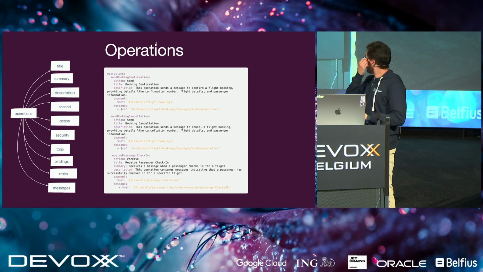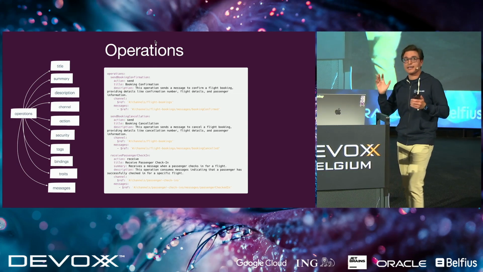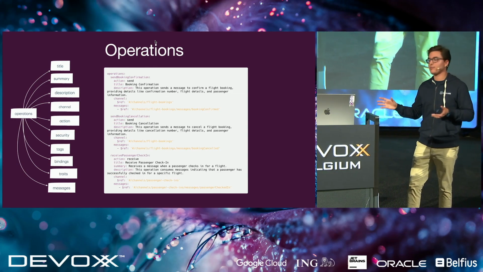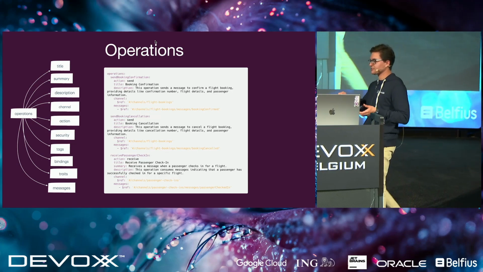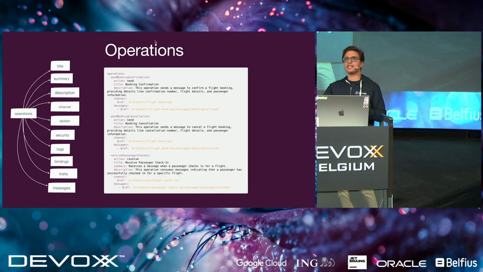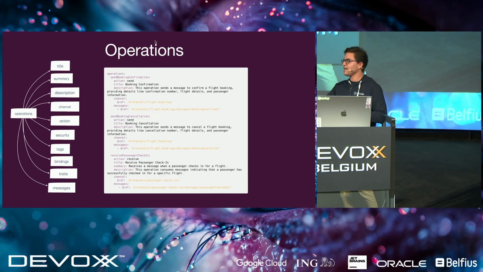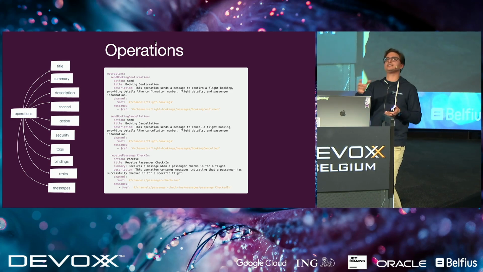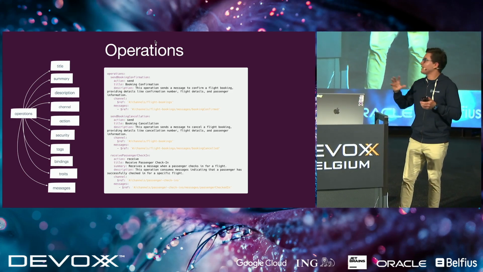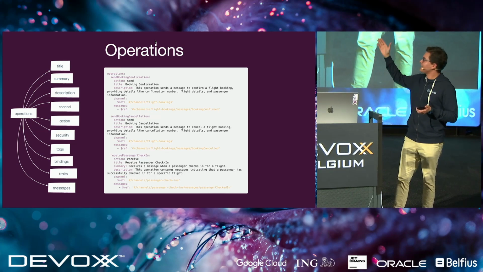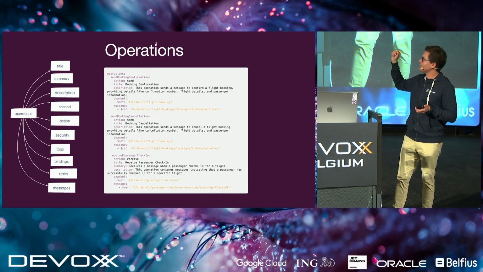Then we have the operations, which are, again, application-centric. Here you take the channels and say, within this channel, this application is going to send messages, and for this other channel, this application is going to receive messages. On top of the example you have action, and this is send.